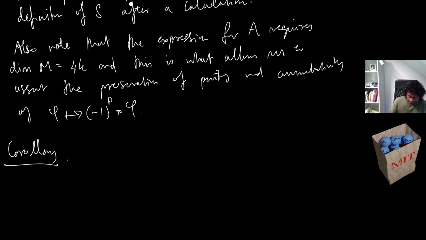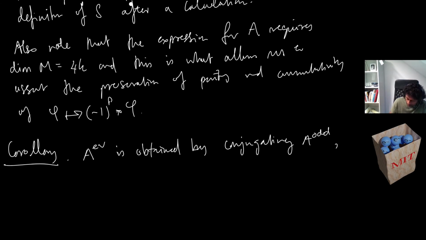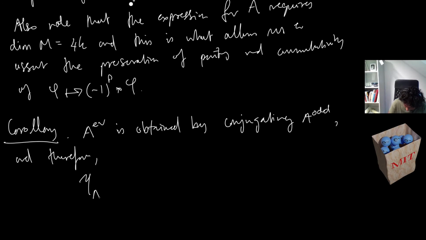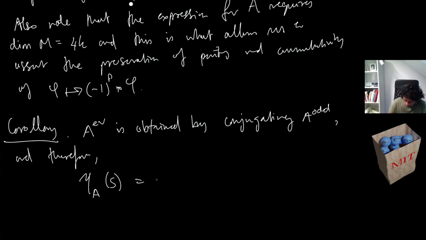Okay, so the corollary is that A even is obtained by conjugating A odd, and therefore the eta invariant of A is equal to just double the eta invariant of A even, or equivalently double the eta invariant of A odd.